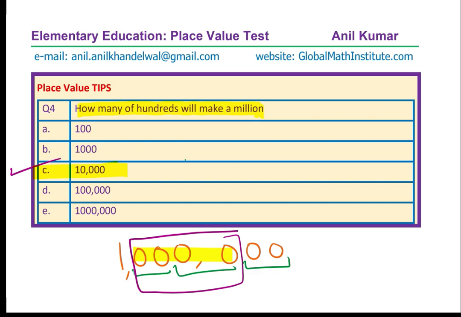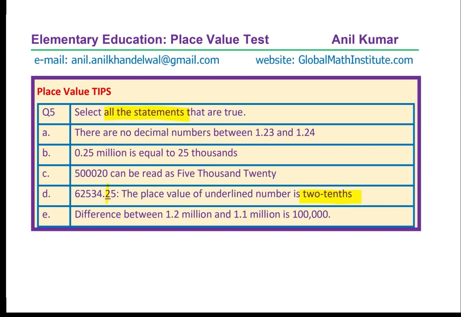Now, let's look into the last question. Question number 5. Select all the statements that are true. So this is just to review what we have learned. The very first statement is, there are no decimal numbers between 1.23 and 1.24. What do you say? We're talking about 1.23 and 1.24.